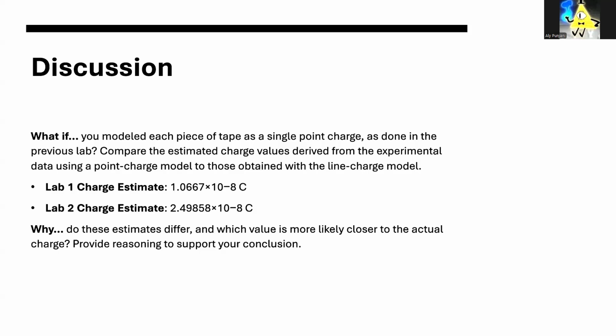Lab 1 charge estimate: 1.0667 times 10 to the negative 8 coulombs. Lab 2 charge estimate: 2.49858 times 10 to the negative 8 coulombs. Why do these differ, and which is more likely to be the actual charge? Provide the reason to support your conclusion.